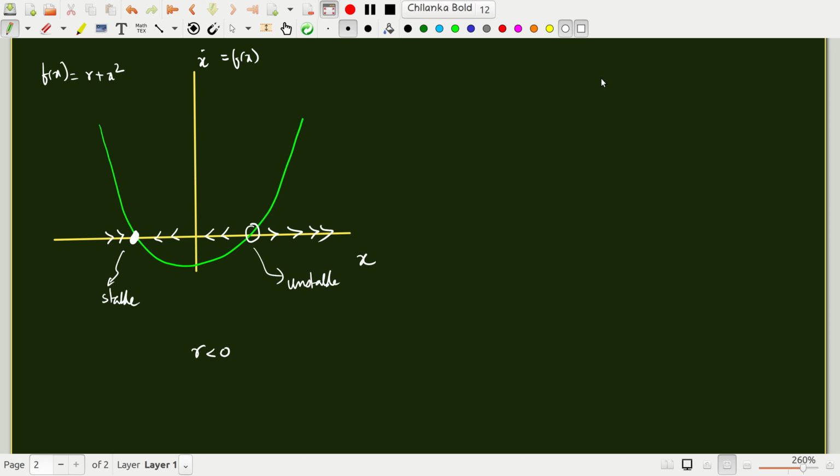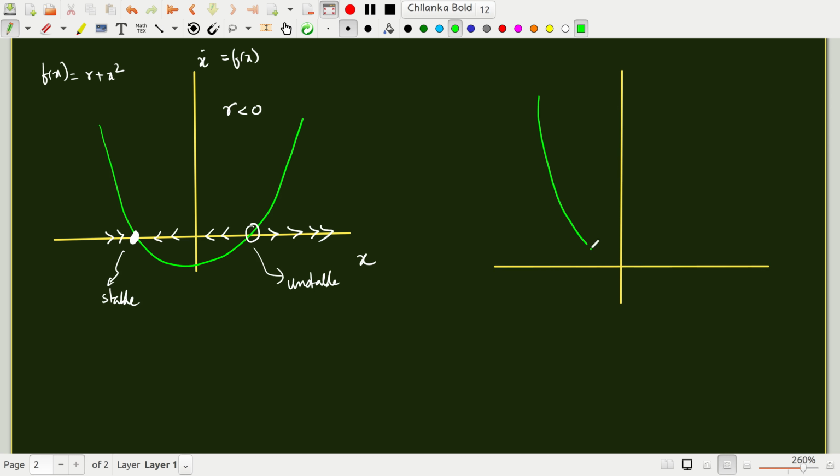Now what is the idea of bifurcation? You want to understand how things change as a parameter is changed. So we will now consider r equal to 0. When r equal to 0, you will have a nice parabola.